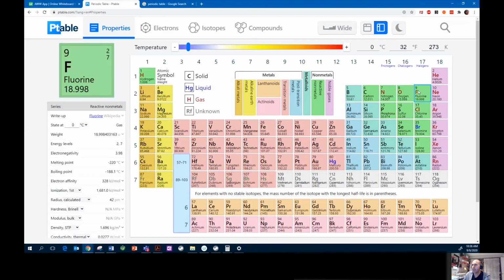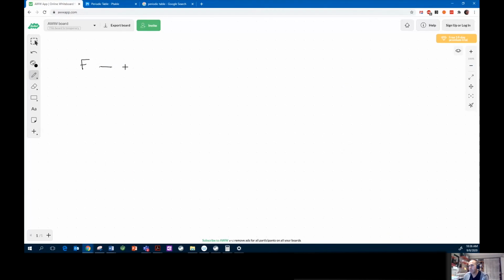It's element number 9: 1s, 2s, 2p. So fluorine has 9 electrons. So 1, 2, 3, 4, 5, 6, 7, 8, 9. So that means 1s2, 2s2, 2p5. So there's one empty spot in the 2p orbital.